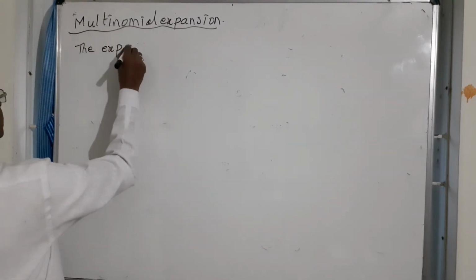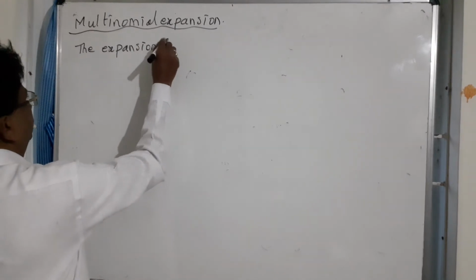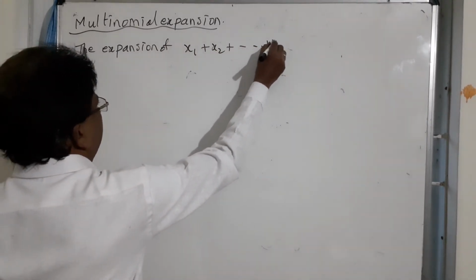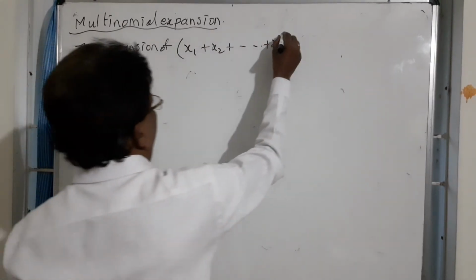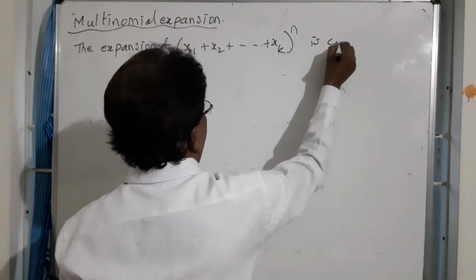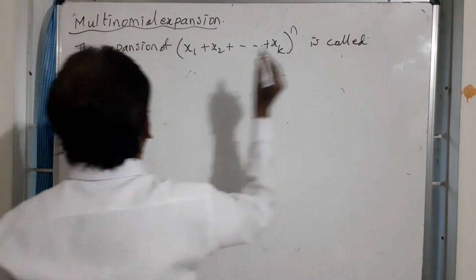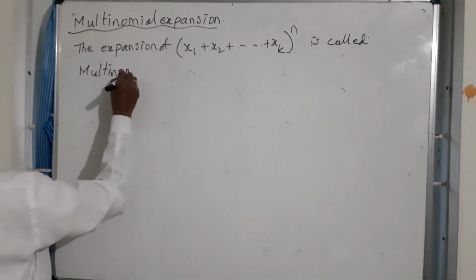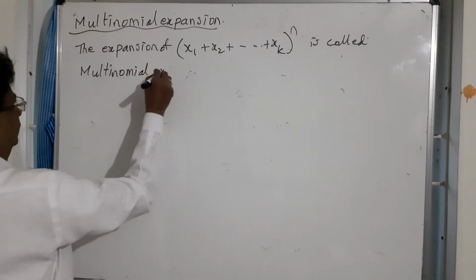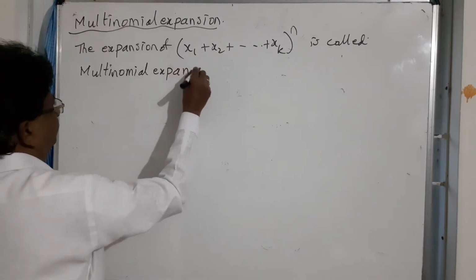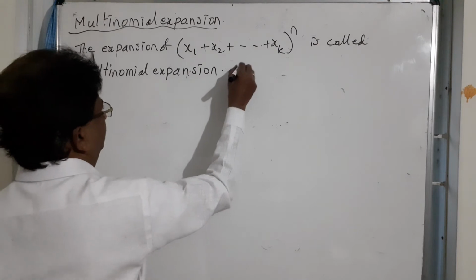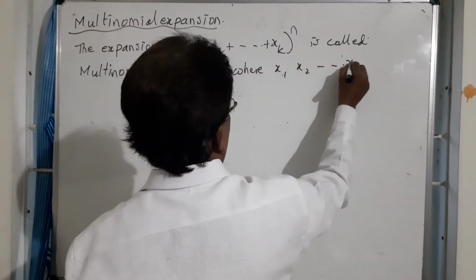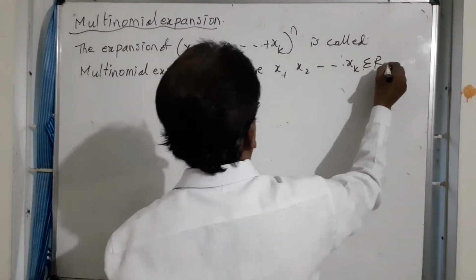The expansion of (x1 plus x2 and so on plus xk) whole to the power of n is called multinomial expansion. Okay, where x1, x2, and so on, xk belong to the real numbers.